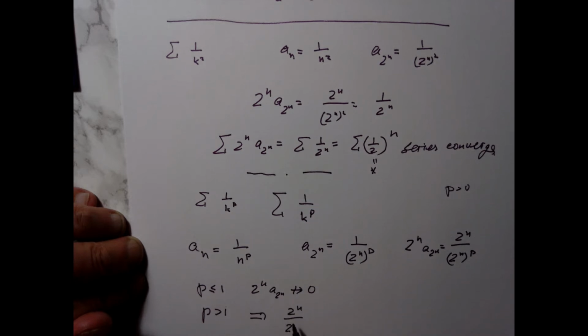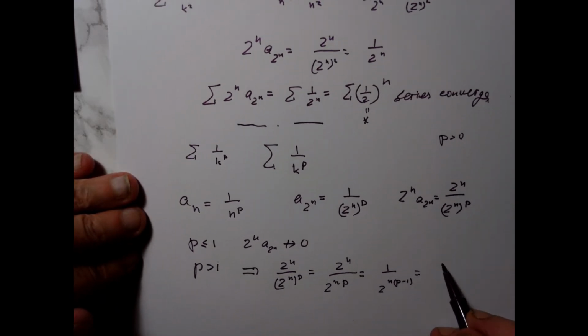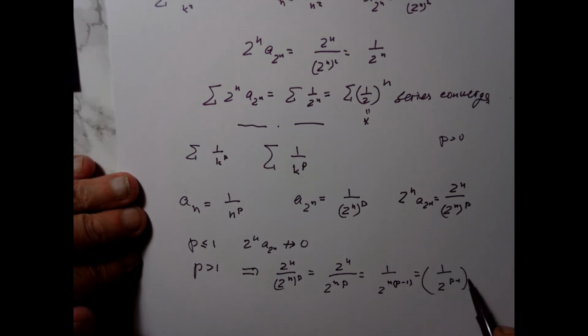divided by 2 to the n to the power p, it's equal to 2 to the n divided by 2 to the n times p, which is equal to 1 over 2 to the n times p minus 1, and remember p here is greater than 1, so it will be equal to 1 over 2 to the p minus 1 to the power n.